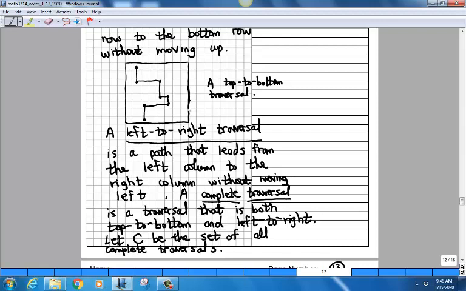All you have to do is start in the top left-hand square and then put yourself in the bottom right-hand square, just not moving to the left or up. So it's easy to draw a complete traversal of the chessboard, so it's easy to see that this is a non-empty set, the set of all complete traversals.